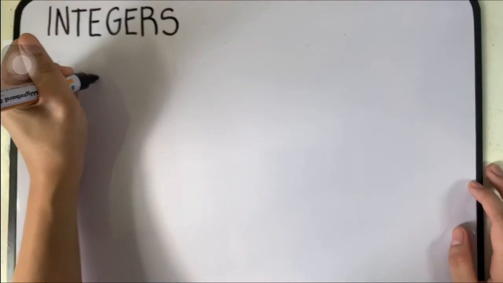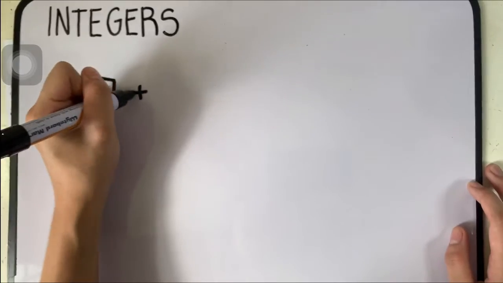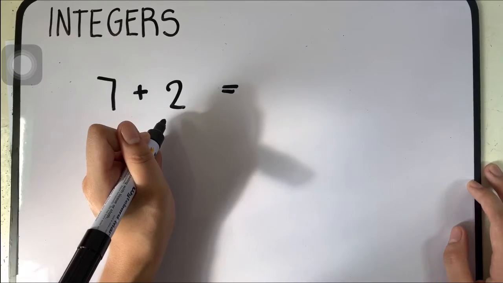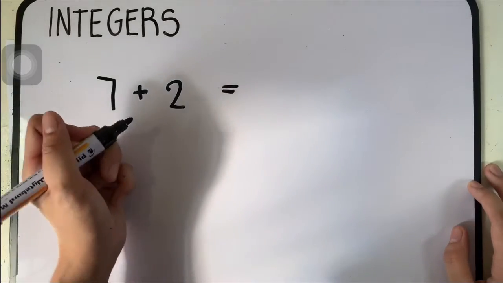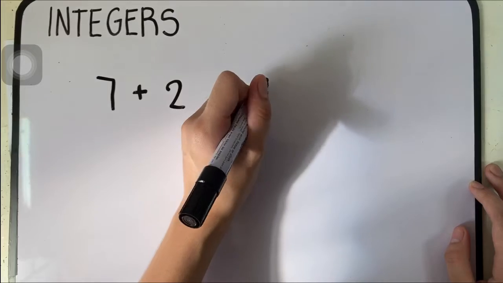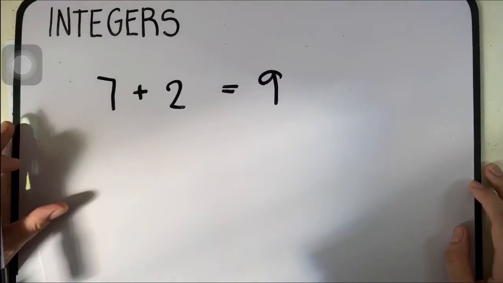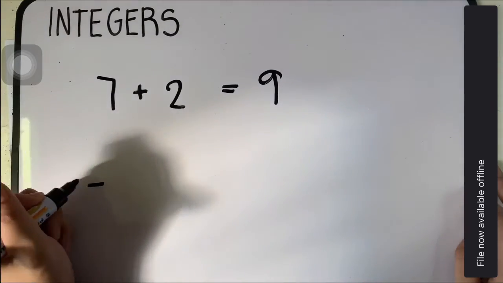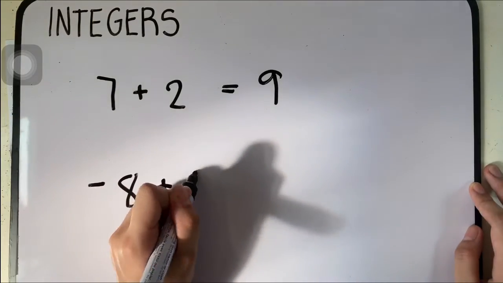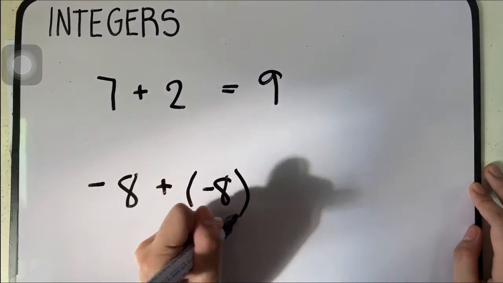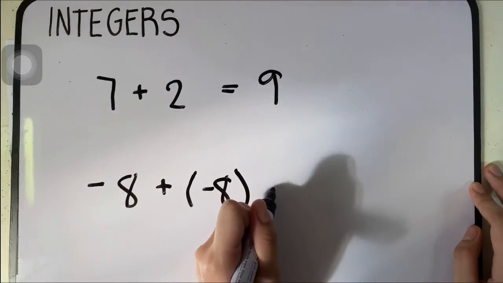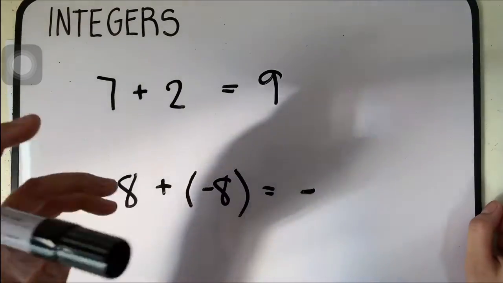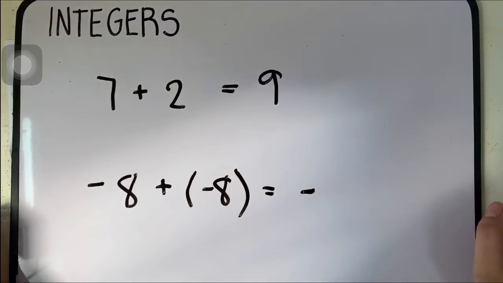Example, positive 7 plus positive 2. Positive plus positive is positive, and 7 plus 2 is equal to 9. Another example, negative 8 plus negative 8. Negative plus negative is negative, and 8 plus 8 is 16. So our final answer will be negative 16.